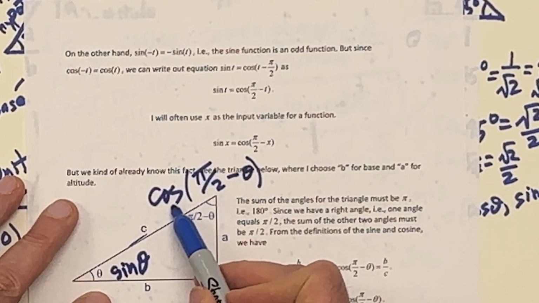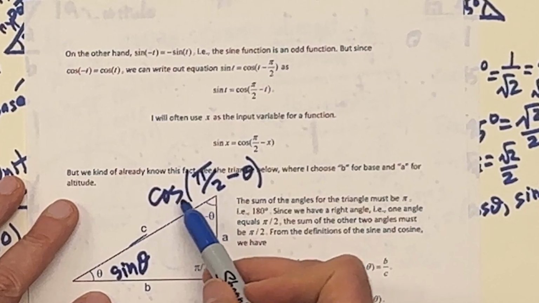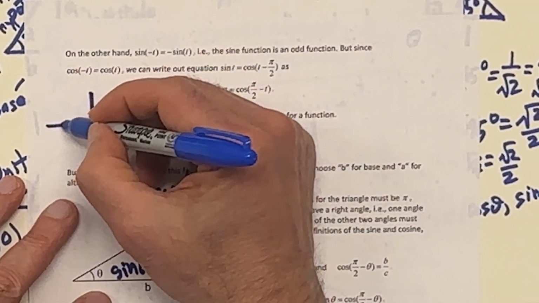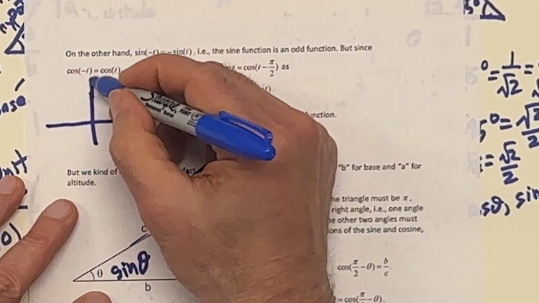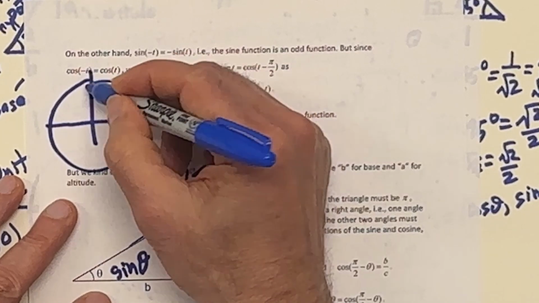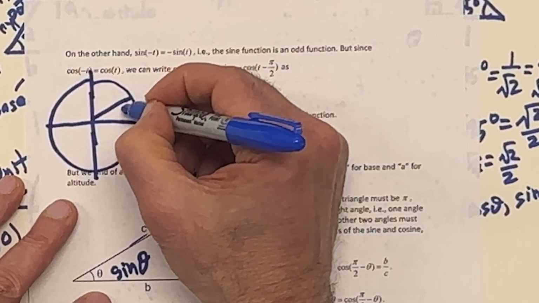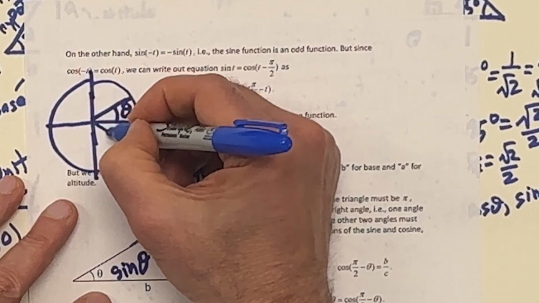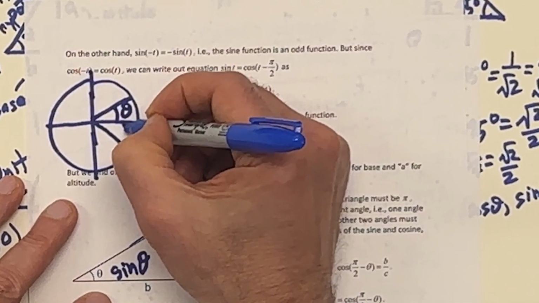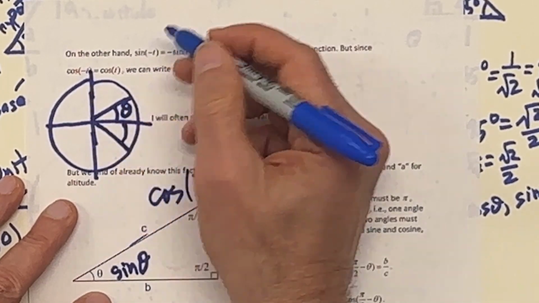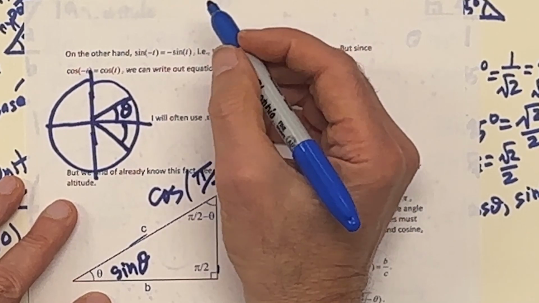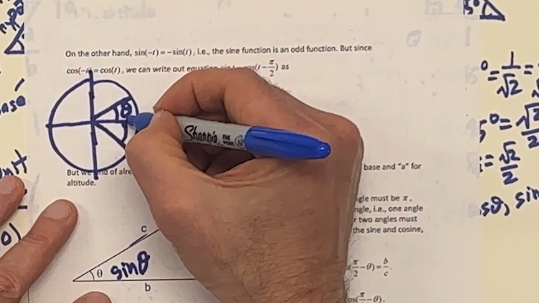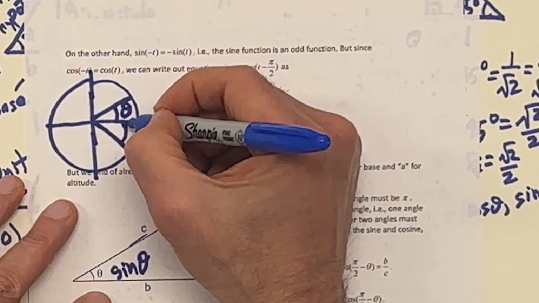And the cosine is an even function. When we have our unit circle like this, and we have, say, an angle theta like this, and then if we go minus theta to come down here, see with the minus theta, the cosines are the same. That's not true with the sine, because the sine would be the altitude. Here you go up and here you go down.